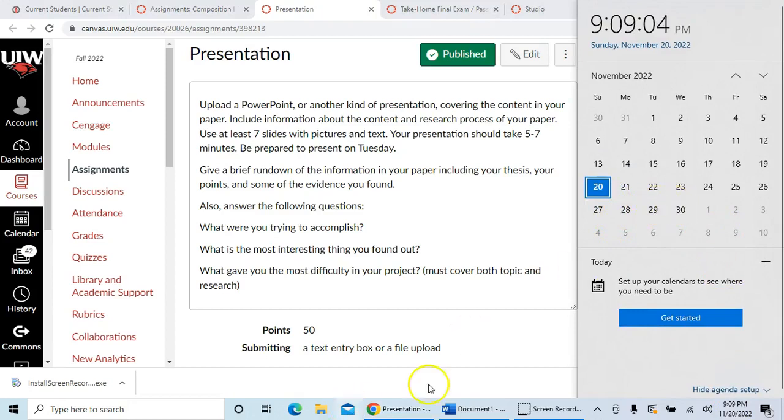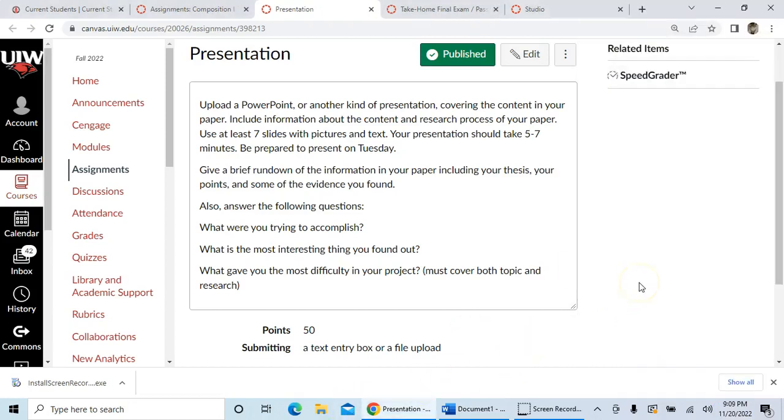What we're going to do is have presentations in class. You will take the content of your paper and make a PowerPoint or other kind of presentation. Whatever the one is that zooms in and out is fine. Any of those are fine. And then you will present the information from your paper to the class.